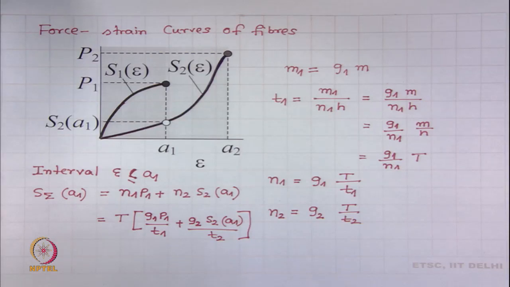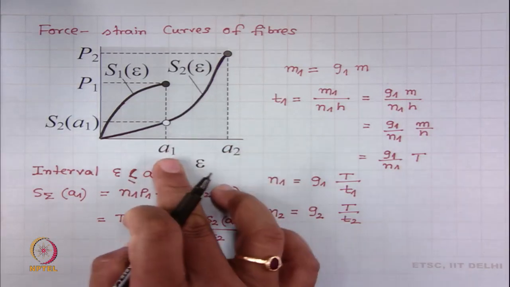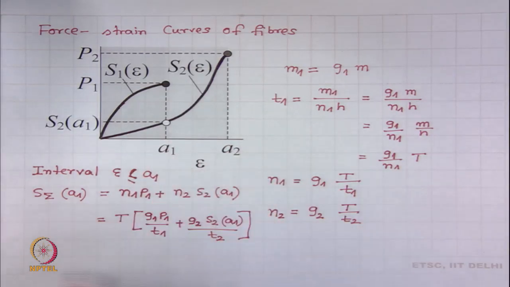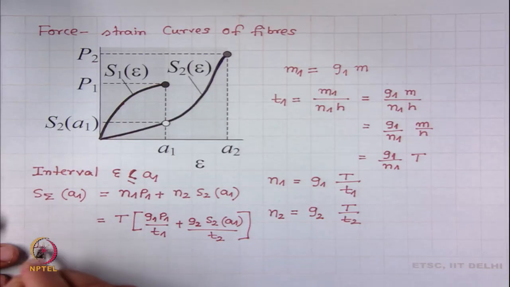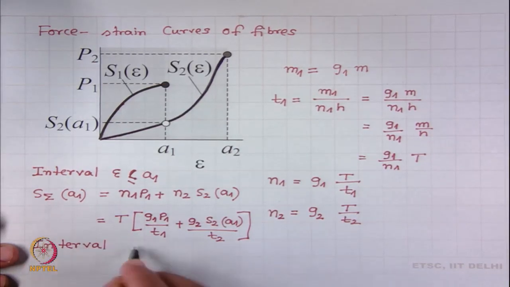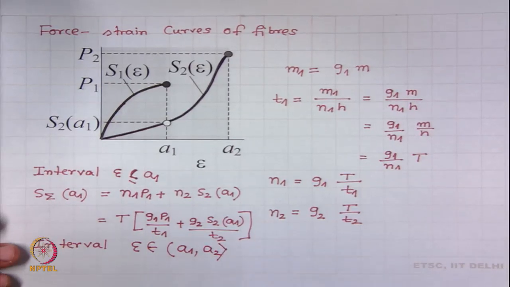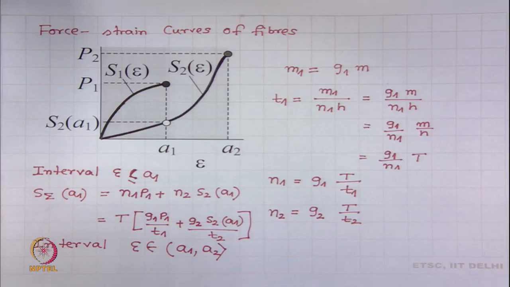Now, we consider the interval A1 to A2, excluding A1. So, now we consider the interval epsilon excluding A1 but including A2, open interval, close interval.